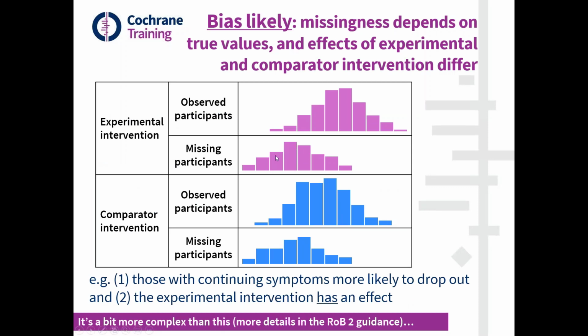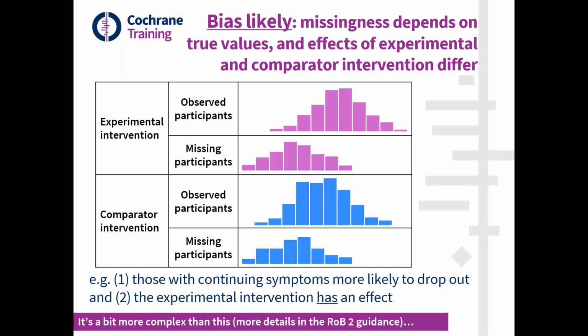Well, the way I've drawn it, the missing people had the same distributions, but the observed people had different ones, which means that if you add all the pink ones together and you add all the blue ones together, then you get something different from if you just compare the observed pink with the observed blue. So potentially that graph could be improved a bit, Julian.